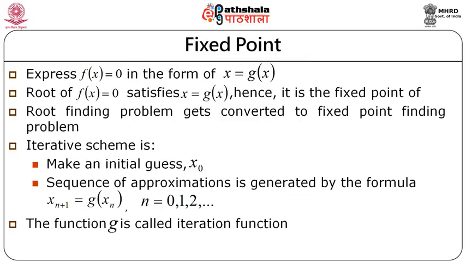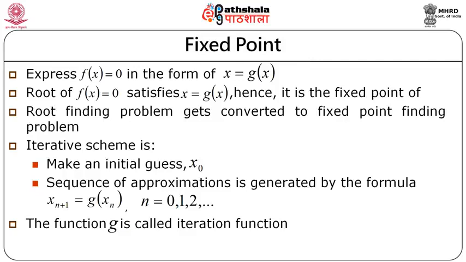The root of f x equal to 0 will satisfy the equation x equal to g x. So, the root of f x equal to 0 is nothing but the fixed point of the function g x. Our root finding problem gets converted to the problem of finding the fixed point of the function g x.